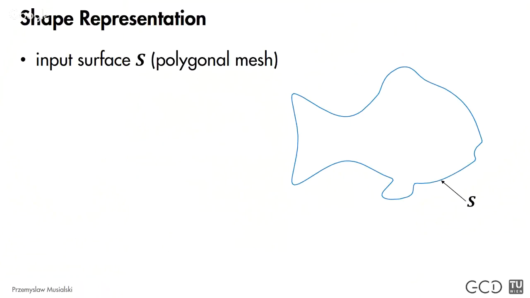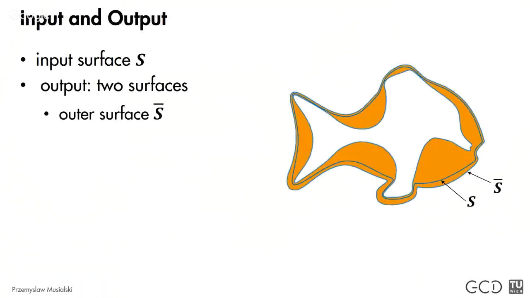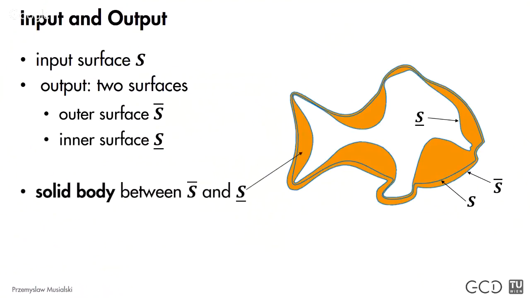We denote it as an input surface S, and the output of the algorithm are two surfaces, the outer surface, which we denote with an overline, and an inner surface, which we denote with an underline. In between, there's a volume, and this space enclosed between these two surfaces constitutes the particular solid body, which has to fulfill some physical properties.